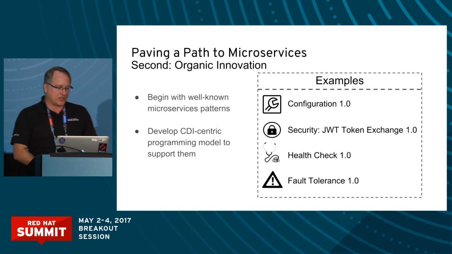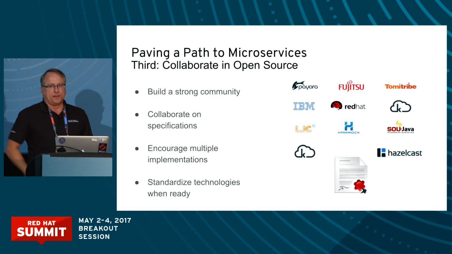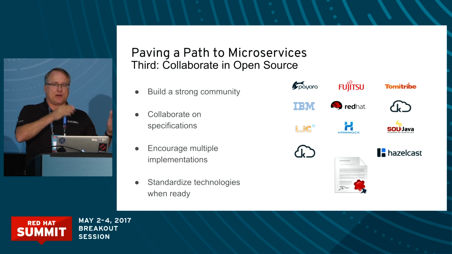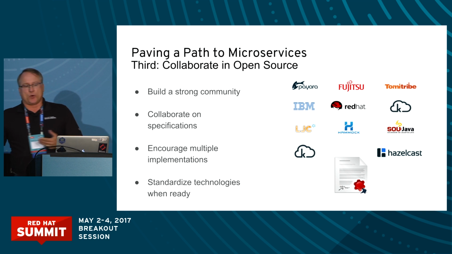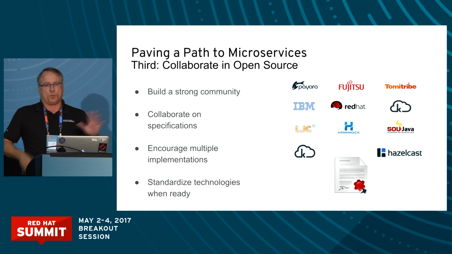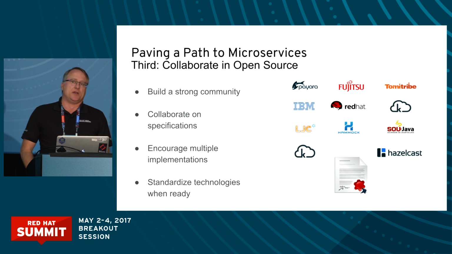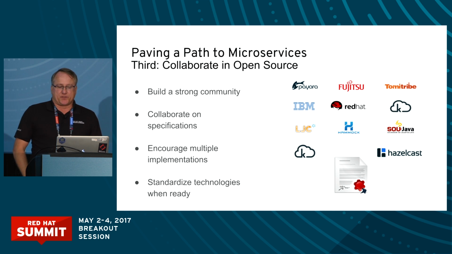All right. A third way that we're paving the path. I talked about leveraging some existing EE technologies, doing some organic innovation, but also leveraging the brain power of the community, right? And collaborating. It's what open source is all about, and it's what Red Hat does extremely well. So we're collaborating really on specifications.